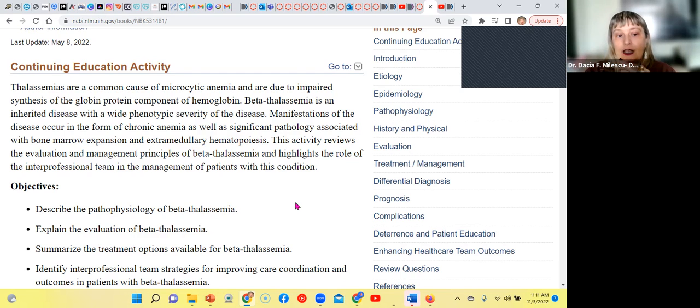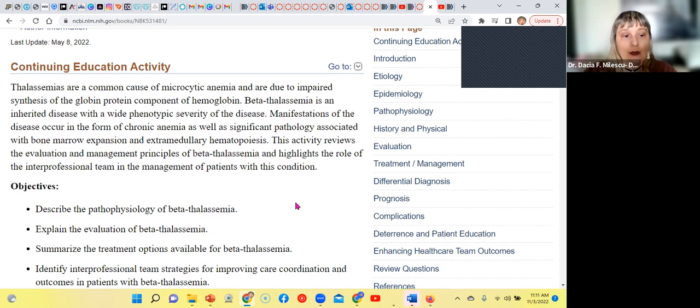You can have beta thalassemia, where the beta structure of the hemoglobin is incorrectly structured. There's also alpha thalassemia. There is thalassemia major and thalassemia minor. Thalassemia minor, you don't have the full-blown disease, you are heterozygous.